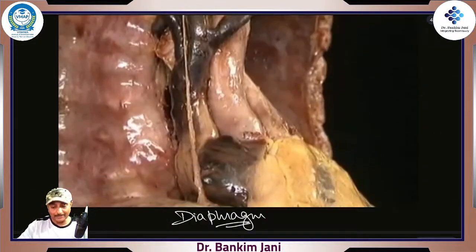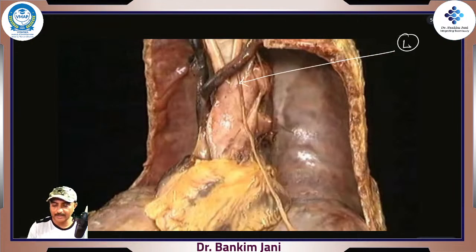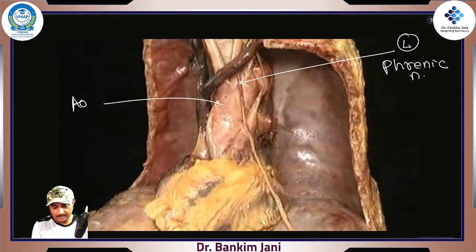Now we see the left phrenic nerve. See, so easy, simple. This is the left phrenic nerve, the easiest of all. From where is it passing? It is passing above the aorta, or you can say the arch of the aorta. Then over here, this is the pulmonary trunk.